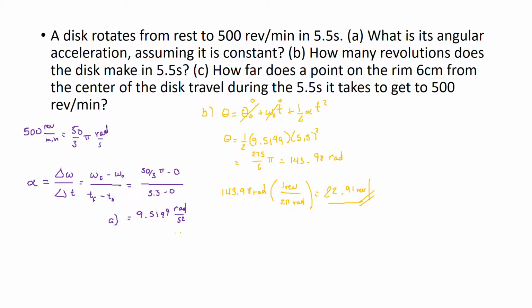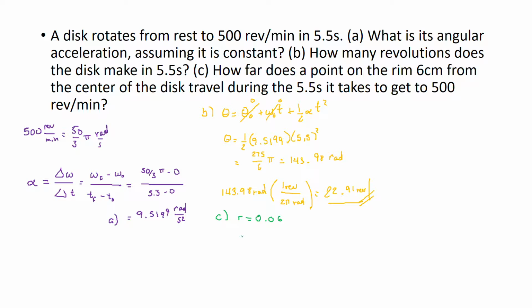And finally, how far? This is the distance, okay? You remember that I told you to write down the arc length formula? Now is the moment for the arc length. We'll just write it here downwards. We know that the radius is going to be 6 centimeters, so we're going to write 0.06. We need to know how far that point has traveled, and that one's actually very easy.